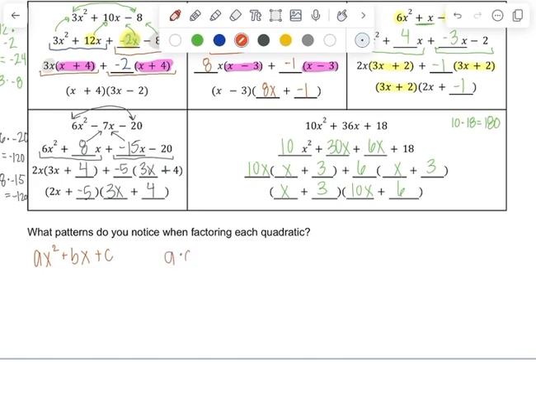Your A times C have to be what your B1 times B2 is as well. So they have to multiply to those two numbers. But the B1 plus B2 has to equal your B. That means that when these are added, they have to be your middle term. But when the numbers are multiplied, they have to be the same as what A times C is.